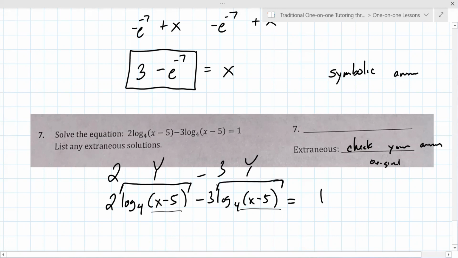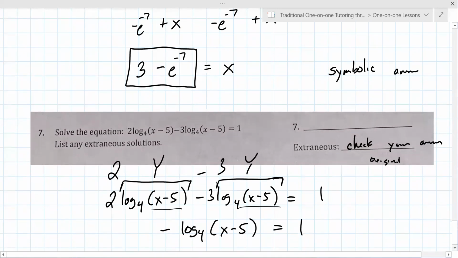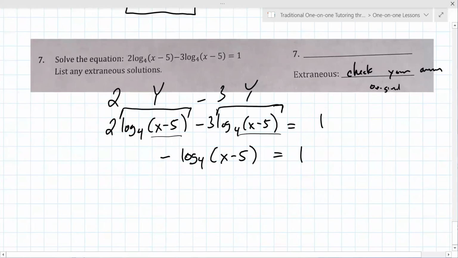I don't know if that's what your instructor meant here, but I'll show you an example on another one. But do you see that this becomes negative y? So it's really just negative log base 4 of x minus 5 equals 1. So far, that's our start. You undo the negative, so you move that over. So it's log base 4 of x minus 5 equals negative 1.